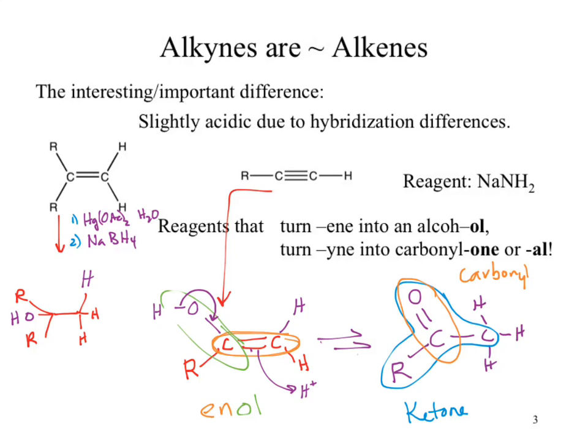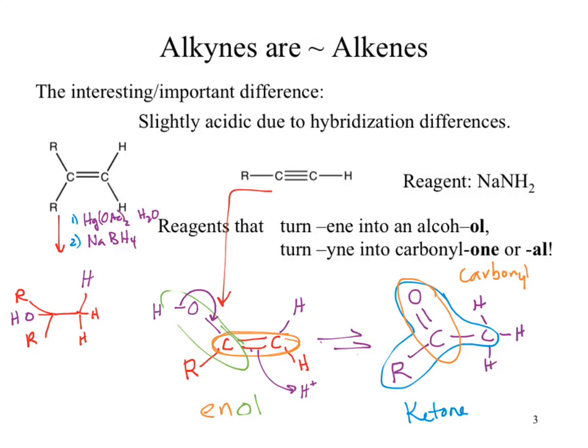All right. What happens if instead of adding the mercury, we just added H+ and H2O? Hydrogen goes to the least substituted, OH goes to the most substituted, which is then going to form the exact same thing as our mercury, our enol, which then goes to the ketone.